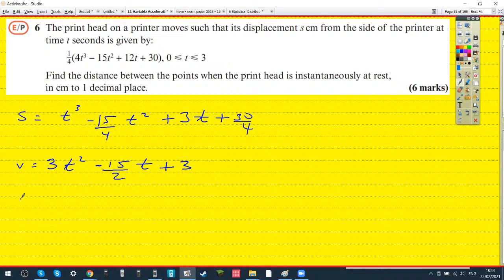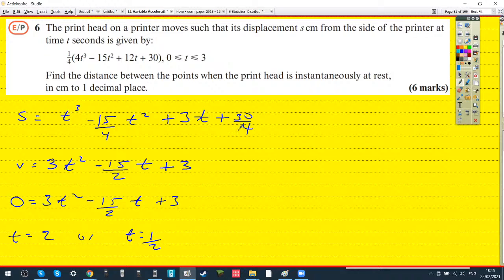And so I got t is 2 or t is a half. Okay.